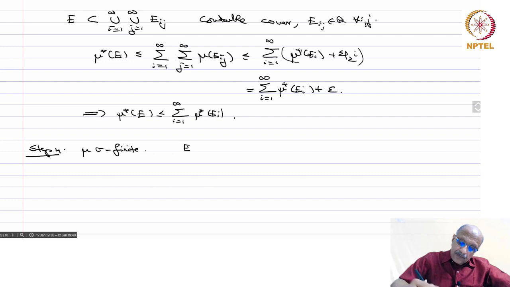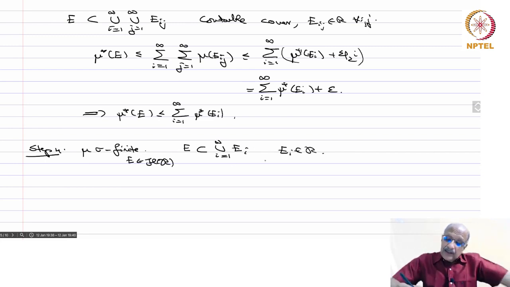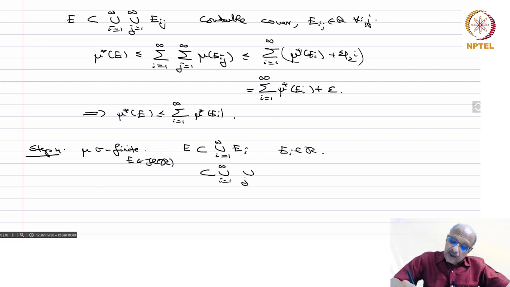So E is in H of R, so you can write it as E_i in R, but then mu is sigma finite, and therefore this is contained in the union over i equals 1 to infinity, union over j equals 1 to infinity of E_ij in R, and the measure mu of E_ij is finite.